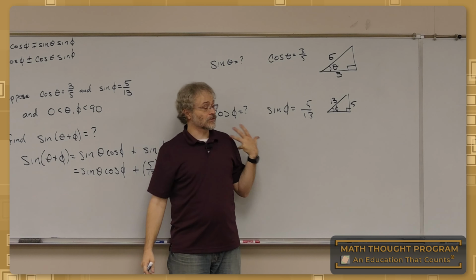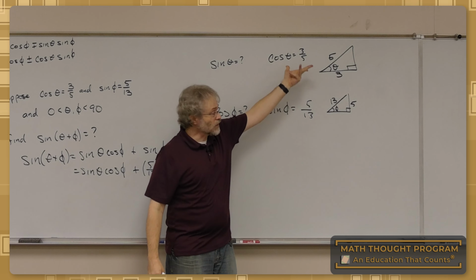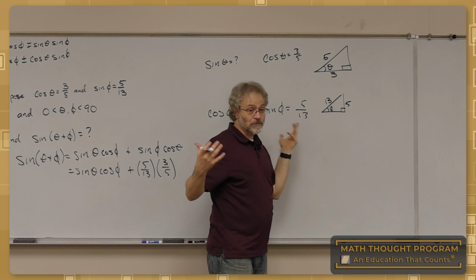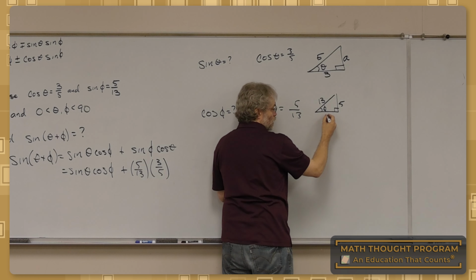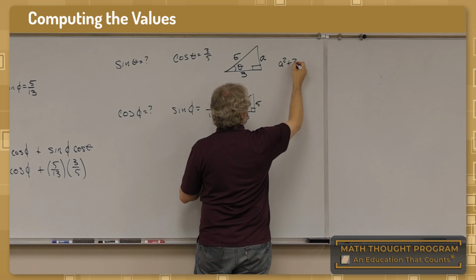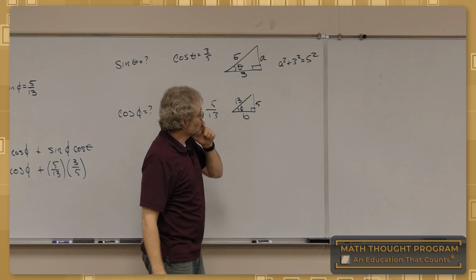And the objective is really to find the sine. So I can just hit it with the Pythagorean theorem. Call this side A, and we'll call the side over here B. A squared plus 3 squared equals 5 squared.